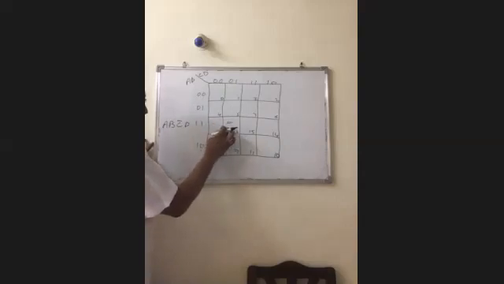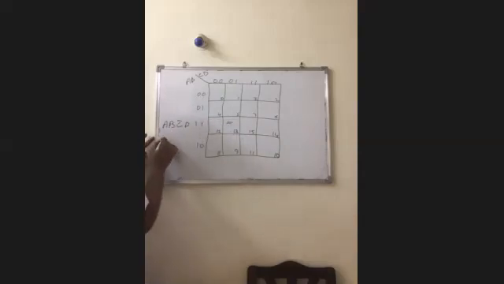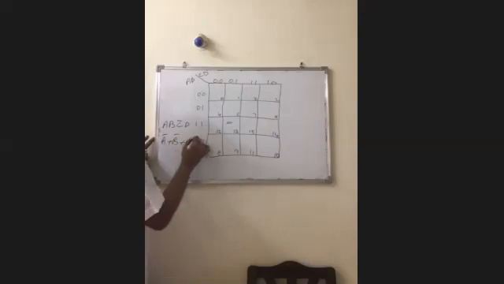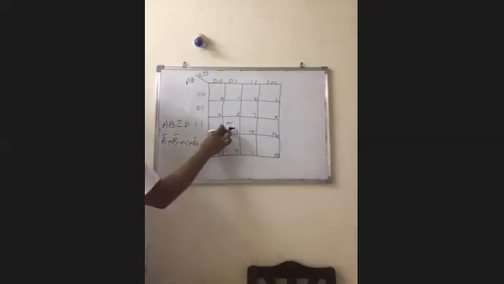A bar plus B bar plus C plus D bar. So for this cell, the corresponding min-term is A B C bar D. The corresponding max-term is A bar plus B bar plus C plus D bar.